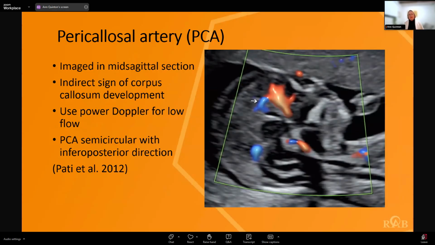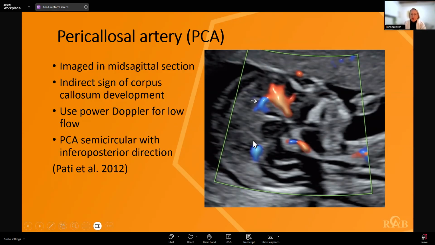And then just finally, if you're looking at the fetal brain, and say a lady comes back and she's had a history of agenesis of the corpus callosum, or you have a particular reason why you want to say there's likely a corpus callosum in the first trimester, you can look for the pericallosal artery.